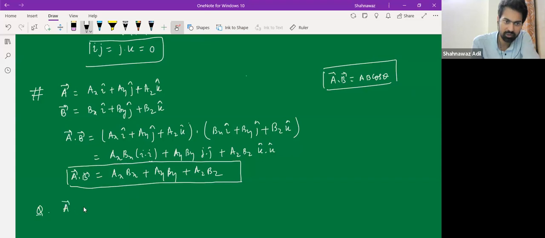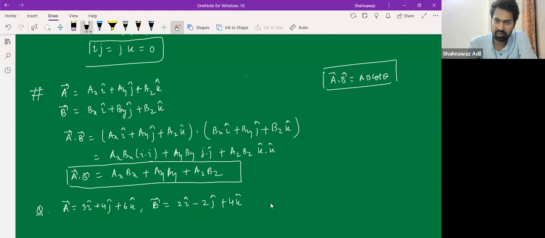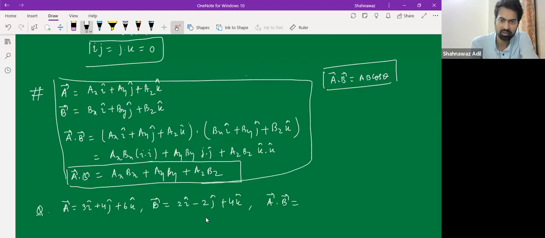A is 3i plus 4j plus 6k, and B is 2i minus 2j plus 4k. Calculate and tell me what would be A dot B. First note this down and then tell me the answer.